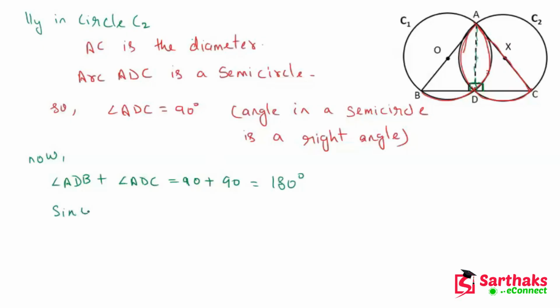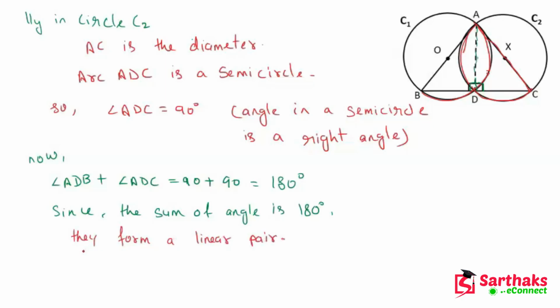And a linear pair can only happen on a line. It means this point D lies on the line BC. Therefore BDC is a line and D lies on the line segment BC.